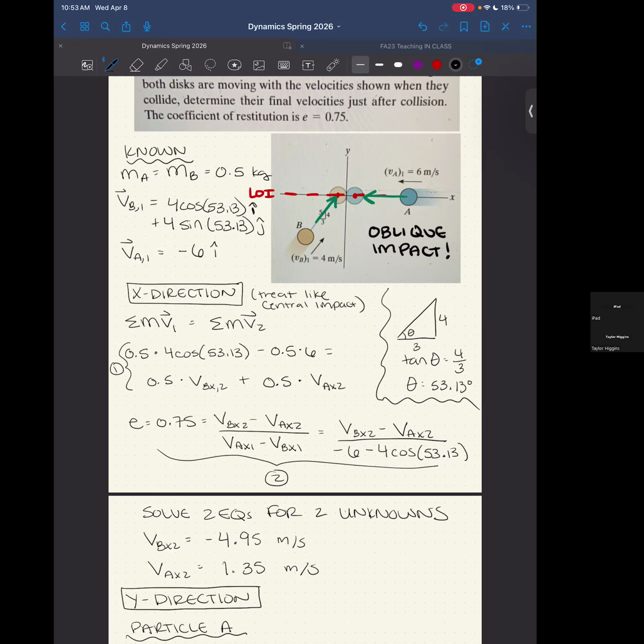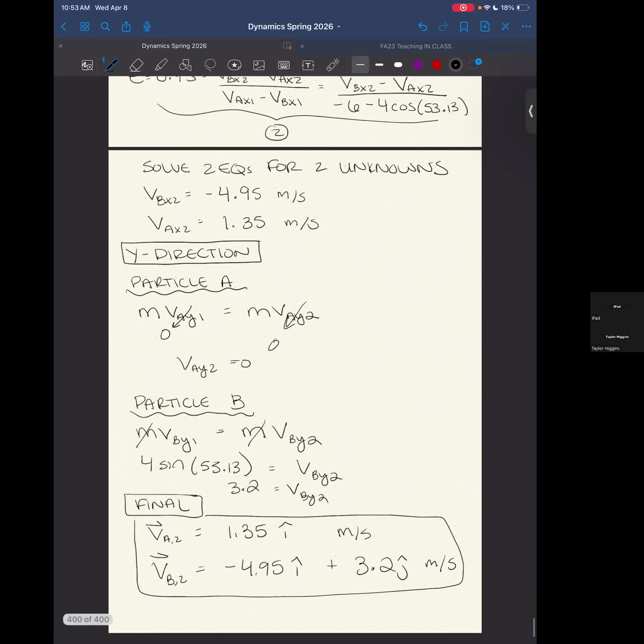Then all you're doing is putting in the reduction point, right? You don't want to solve for the magnitude.